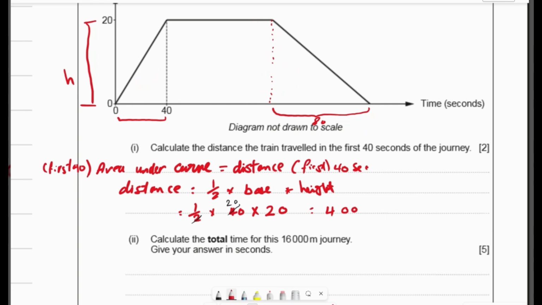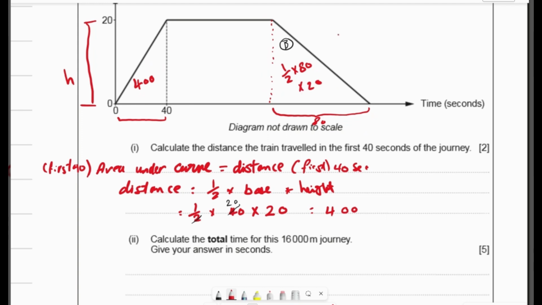So let's check here. Let's write our answers. We know from this part it's 400 meters, and this part I call part B for now. This part we can calculate the area easily because it is half times base, which is 80, times height, which is 20.